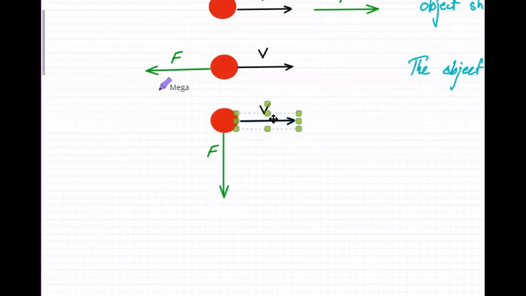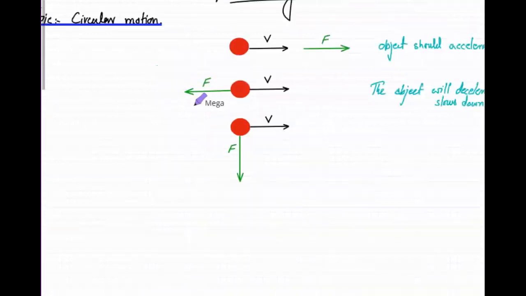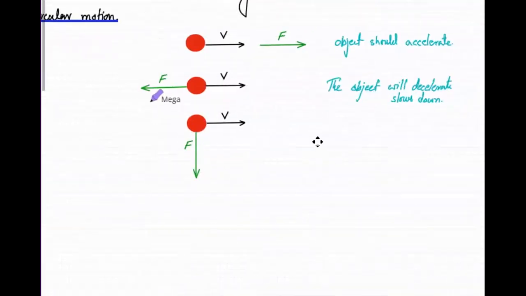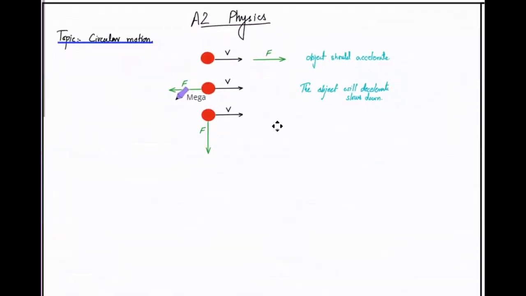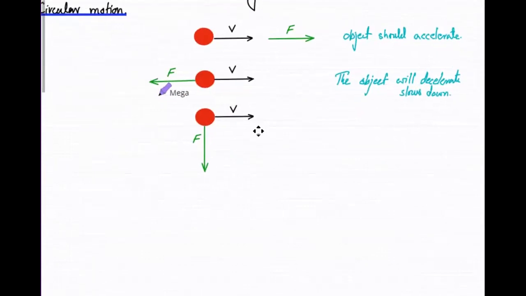This is force. Now, this force cannot speed up the object, neither can it slow down, because it is neither acting along nor acting opposite to the direction of motion. So, what will this force do?